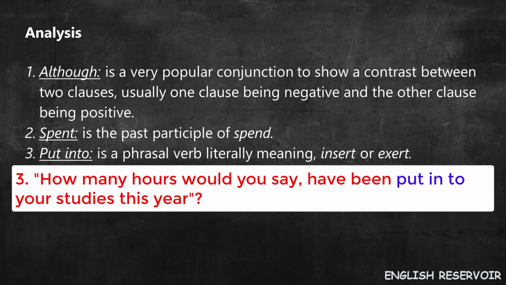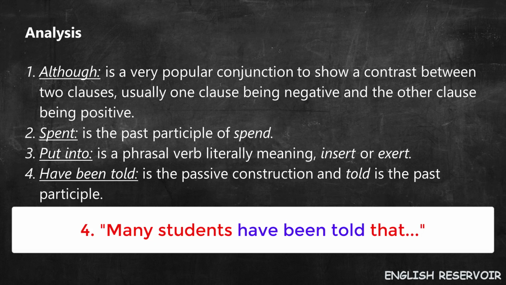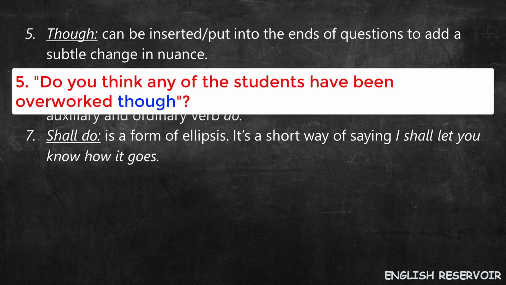Put into is a phrasal verb literally meaning insert or exert. 4. Have been told is the passive construction and told is the past participle. 5. Though can be inserted or put into the ends of questions to add a subtle change in nuance.